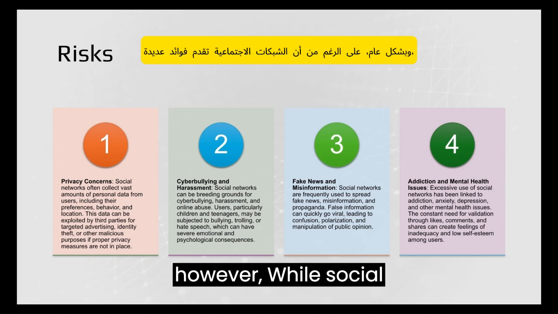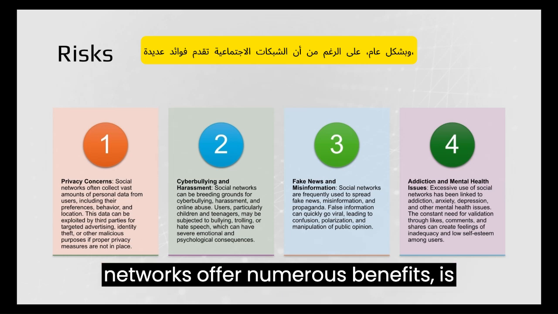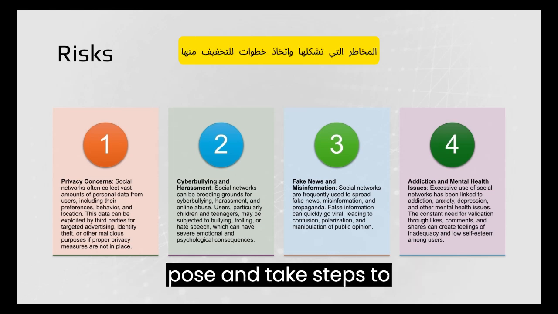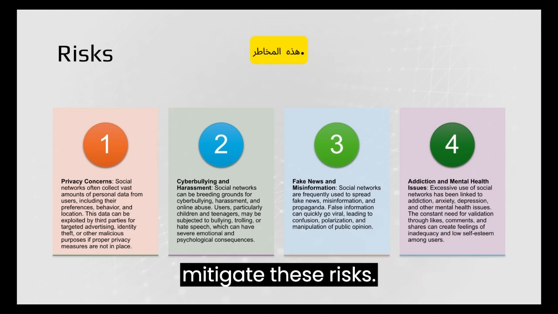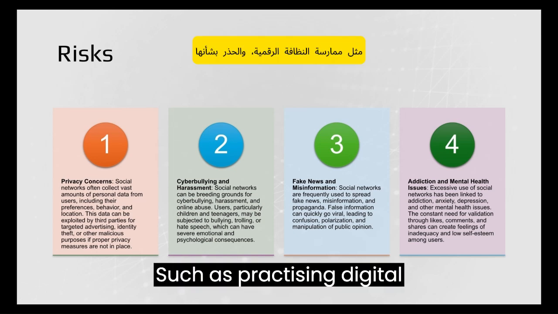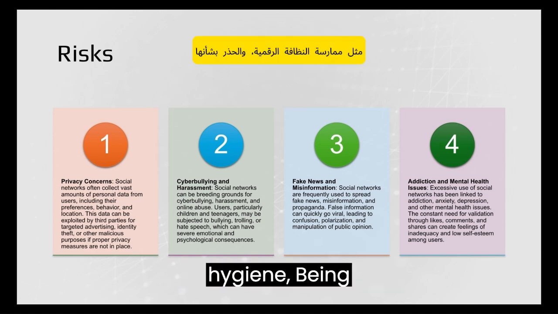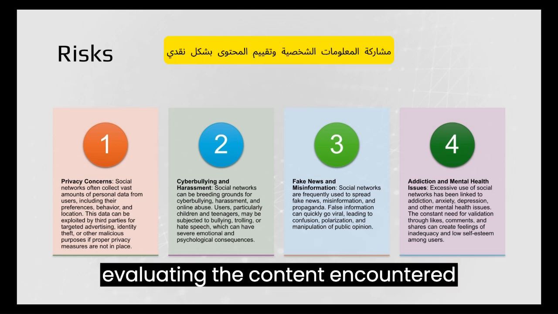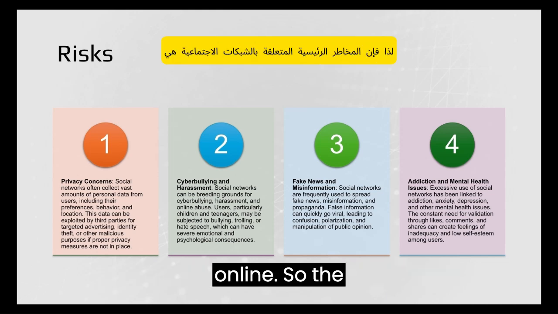However, while social networks offer numerous benefits, it's essential to be aware of the risks they pose and take steps to mitigate these risks, such as practicing good digital hygiene, being cautious about sharing personal information, and critically evaluating the content encountered online.